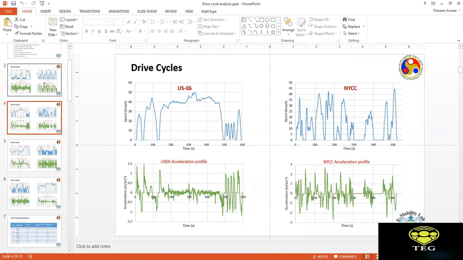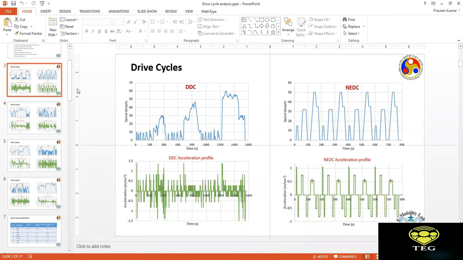One of the most comfortable drive cycles from the drivetrain design point of view is the European drive cycle. Don't you see? It's a more systematic, more relaxed driving pattern, and it's not as punishing for the prime mover as the DDC or NYCC. So these differences are clearly visible from the speed versus time curves that we have for different drive cycles. So now here comes a very important point.